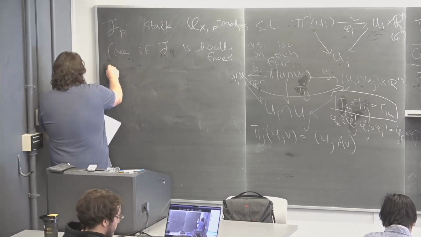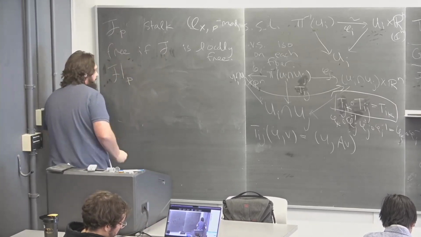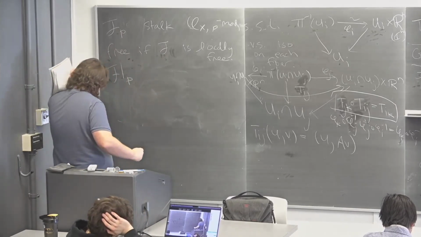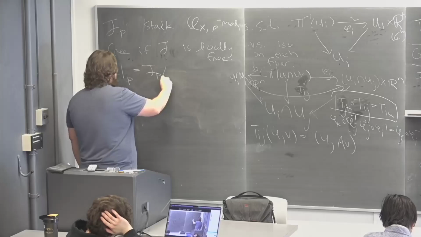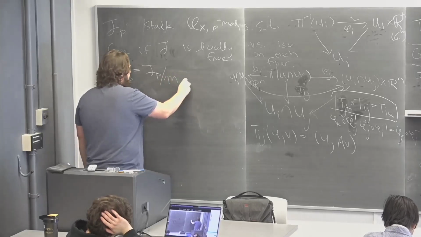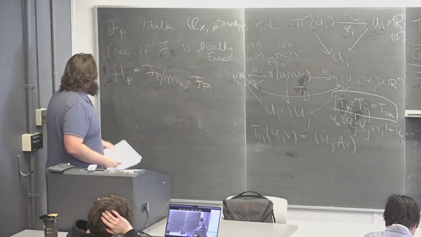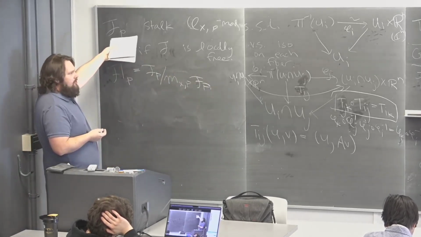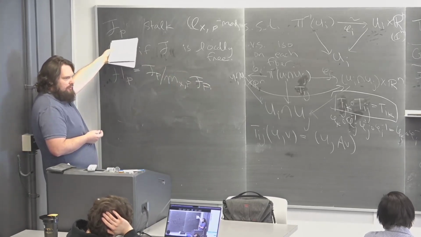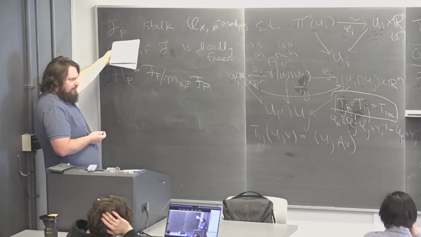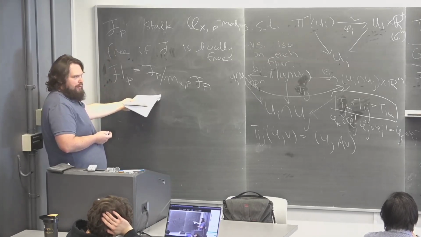I also will often want to consider the fiber, F tensored with the residue field at P. That's take the stalk and mod out by the maximal ideal. The way you should think about this stalk is germs of sections, like having the Taylor expansion of a section at that point, whereas this corresponds to the actual fiber of the vector bundle.